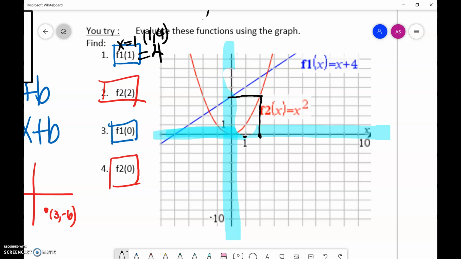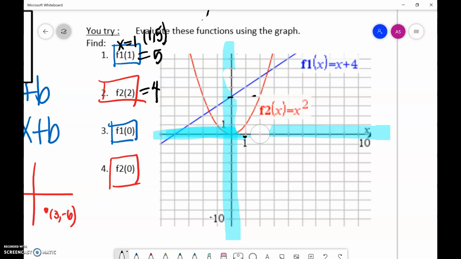Okay, and I believe this is 1, 2, 3, 4. Okay, so actually I messed up on this one. I counted 1 off. Okay. So forgive Miss Sasu. So this is 4. Okay. So when x is 2 on my red function, my y is 4.